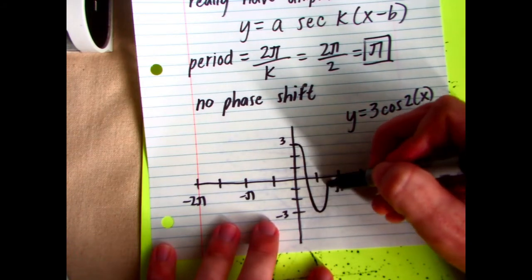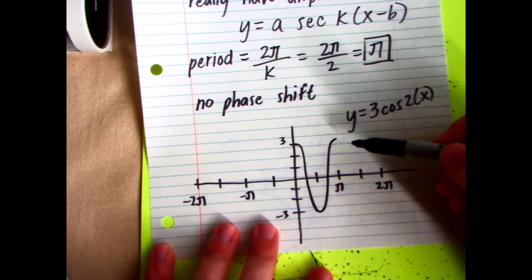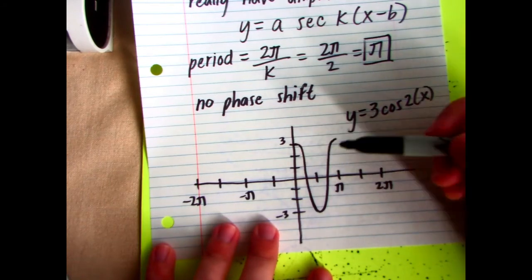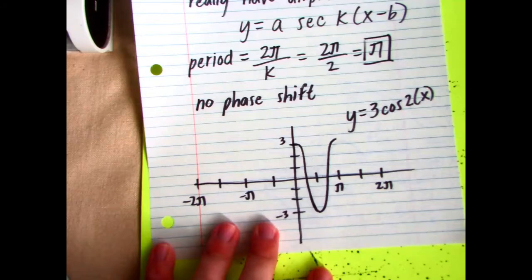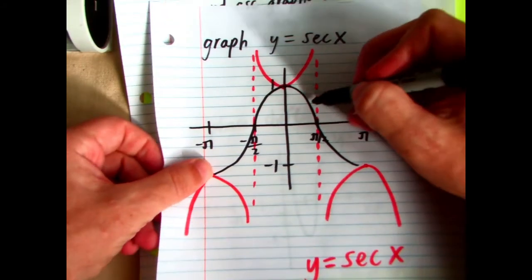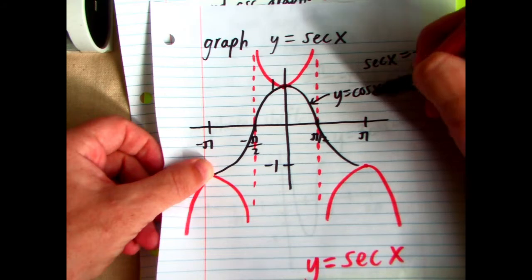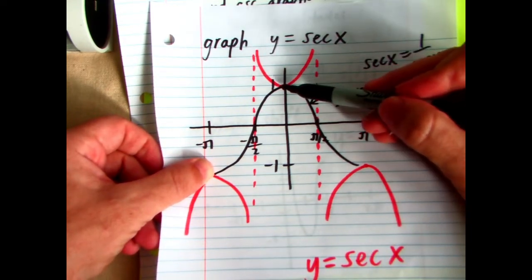I know that for cosine, the hump starts in the middle there. So that's why I started my hump in the middle. And basically I made it so that I completed one full wave in a distance of pi. I basically got back to my starting point after pi units. And I'm just showing you again what I mean by that middle hump.